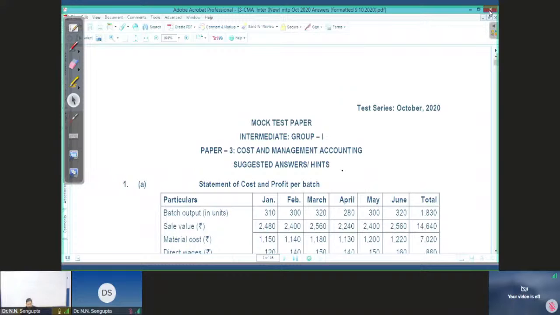So CMA first, I will be taking the questions. So this is one question, first question, where there are some similar questions between the CAFM and the CMA, like the second question. So I will not be discussing that again, the EOQ question.